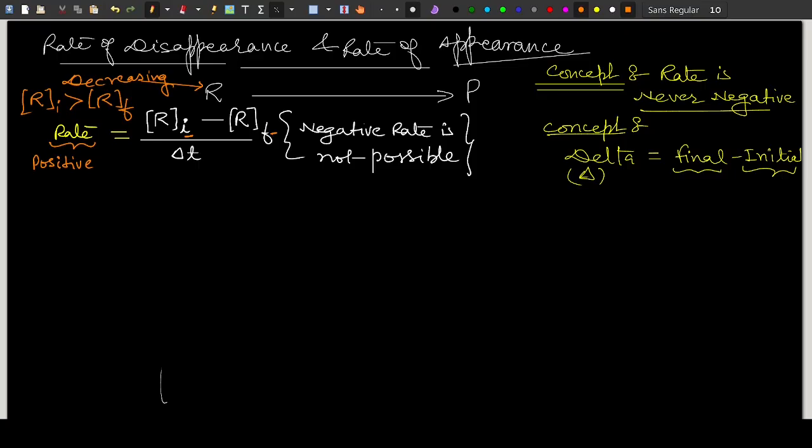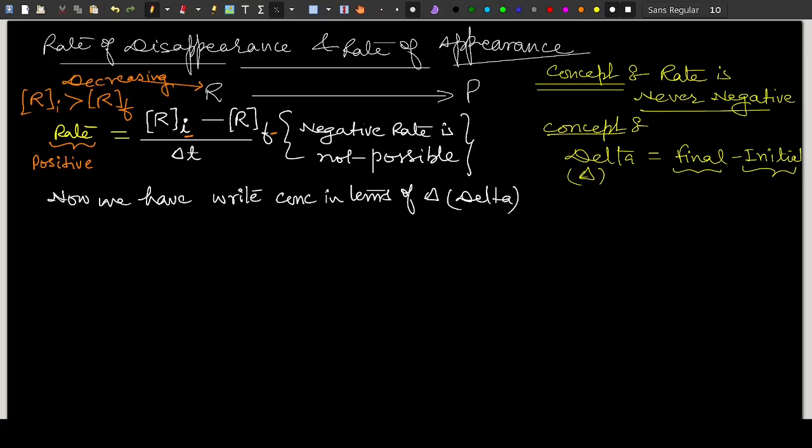Now friends, what we have to do? We have to write the concentration in terms of delta. So what is the funda I told you about the delta? That is final minus initial.